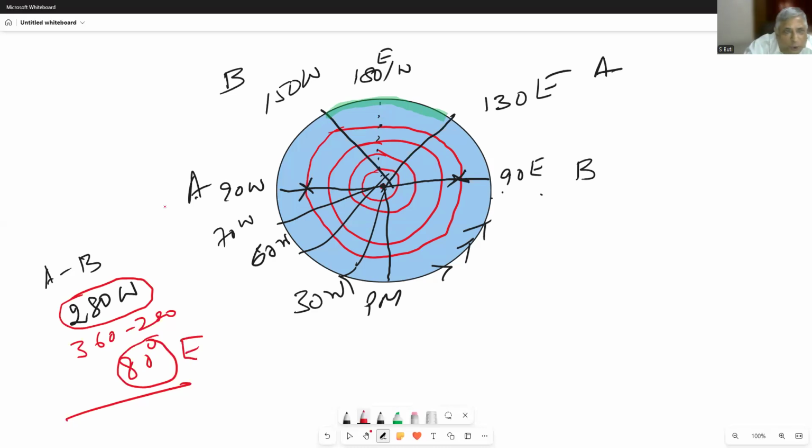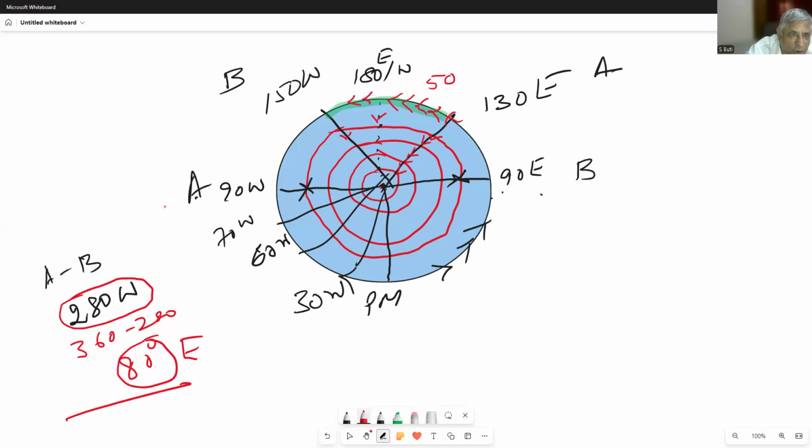Now let me show it to you. If this is place A, then this is the north. And this direction, 90 degrees to the right, is east. Now you are crossing the anti-meridian, 130 east, 180 east. After 50 degrees, you will cross the anti-meridian. And now this is your north, remember? So this is again east.